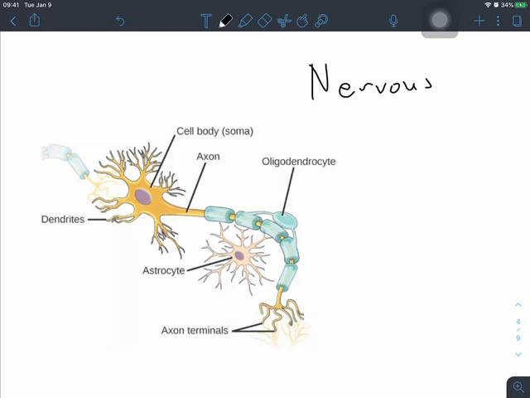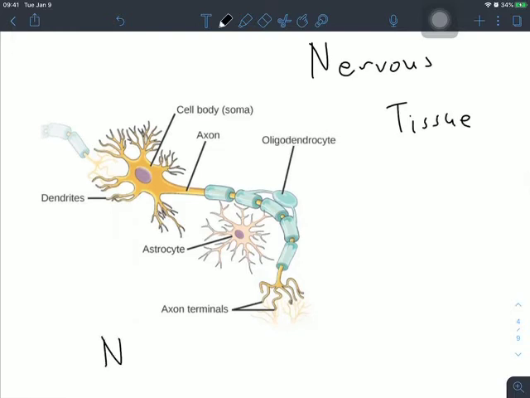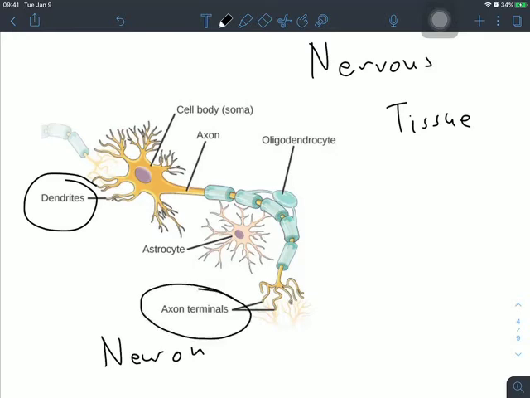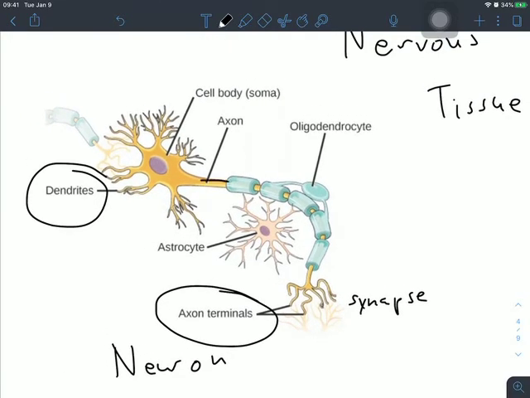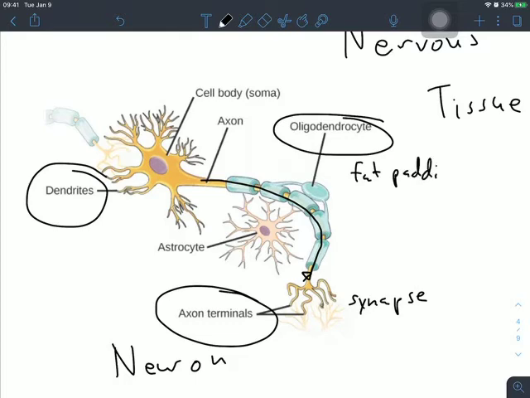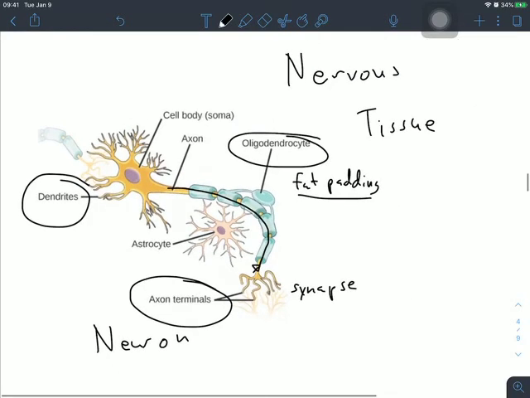But you should know that the functional cell type of your nervous tissue is a neuron, and that a neuron is defined by a receiving end, dendrites, a sending end, the axon terminal, a synapse, that's the gap between the two cells, an axon that allows for the propagation of the signal, and an oligodendrocyte that provides the fat padding, which we'll learn later, allows for us to much more efficiently send signals down our neurons.